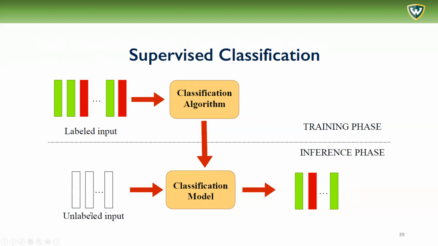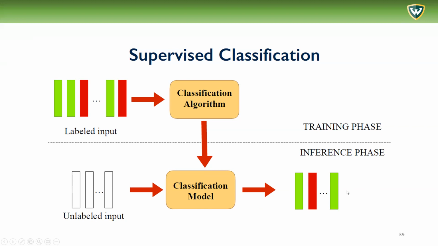And then we can feed unlabeled data to see how well our classification model actually succeeded in correctly identifying the correct labels or categories for the piece of text. So this is the inference phase, and it also requires an assessment, a way to assess whether or not the classification model worked well.